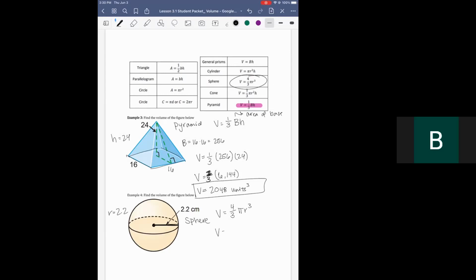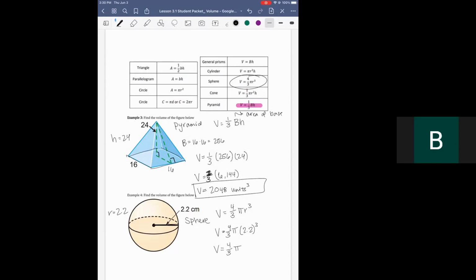So I'm going to write volume is equal to 4/3 pi, and then instead of r, we're going to write 2.2 cubed. You should have an X to the Y button on your calculator. If you're using your phone, you just need to turn it sideways, make sure that it is unlocked.